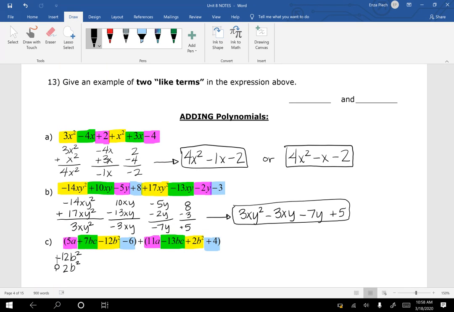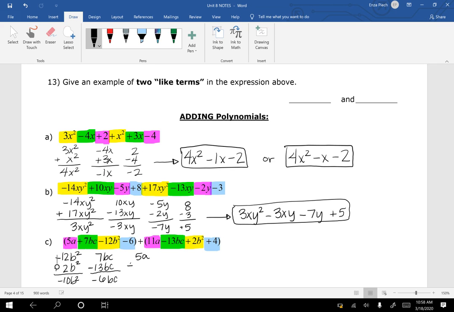And I end up with a negative 10b squared. Next comes our green because they have a degree of 2 as well. So I have 7bc minus 13bc and with a negative 6bc.